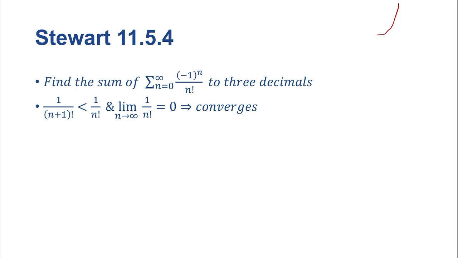So now we're going to write this series out. Our sum is going to be 1 over 0 factorial minus 1 over 1 factorial, and so on and so forth, which is 1 minus 1 plus 1/2 minus 1/6, and so on. Let's take a guess at what's going to give us a somewhat accurate result, because this series shrinks really fast, so we don't need to go very high to get an accuracy of 3 decimals.